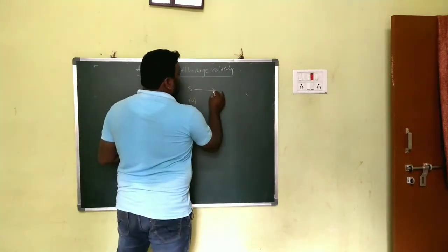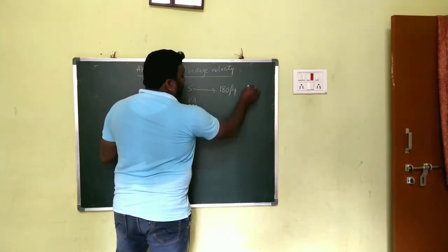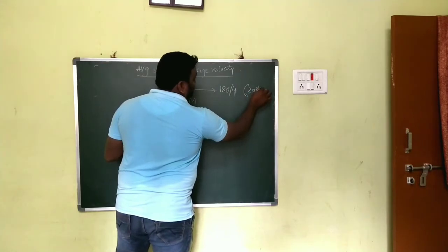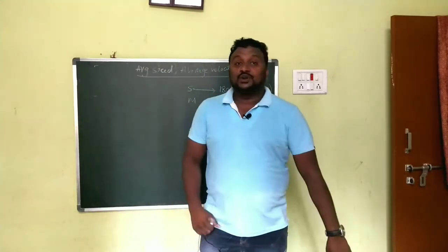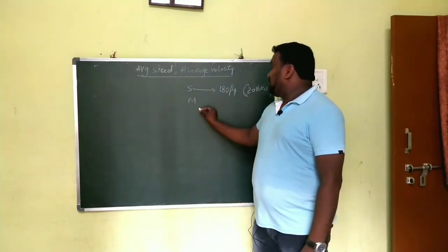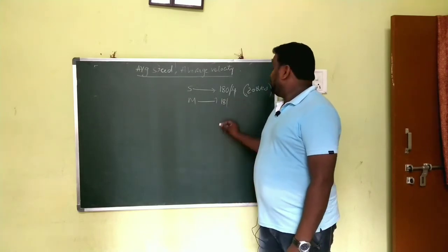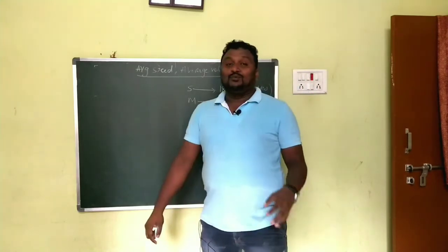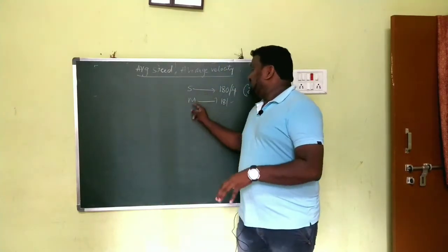Sunrisers batted first and scored 180 for 4 in 20 overs. What is Mumbai Indians' target now? 181.